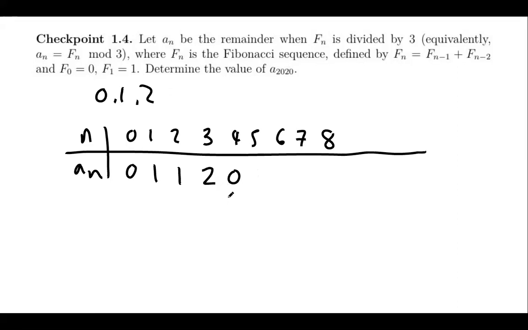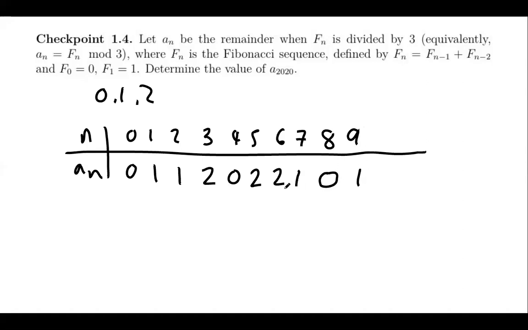So we can just add the remainders together, and that would give us the next one with a remainder of 2, and then 2 again, and then 2 plus 2 is 4. When divided by 3, that gives a remainder of 1, and then 1 plus 2 is 3 again, so the remainder is 0. And 1 plus 0 is 1.